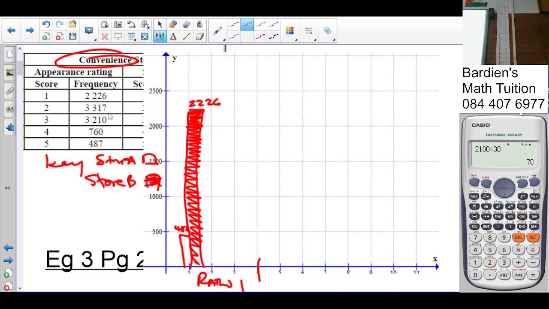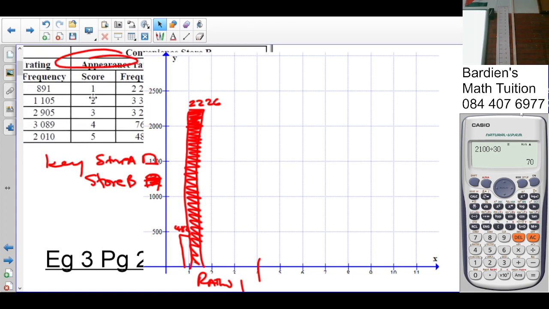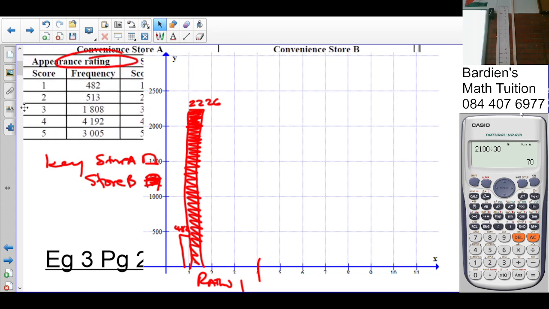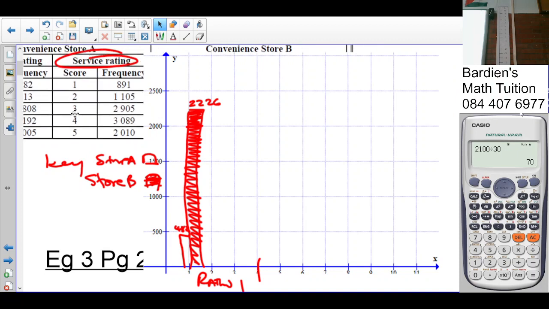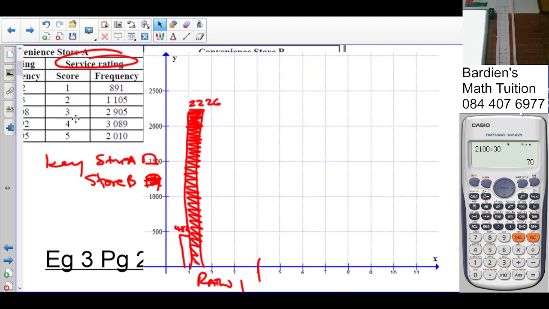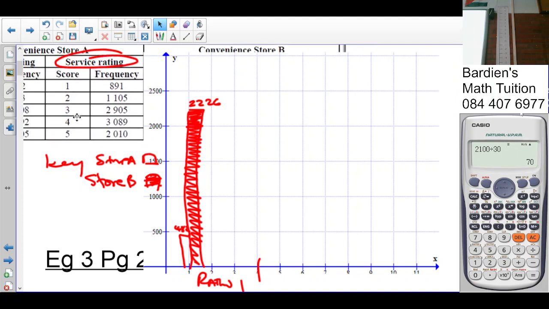Makes sense? Then we're looking at store A, service rating. Can you see that? So then service rating for the one I got 891, which is just less than 1,000, not so? Well, you notice I also put the number on top, 891.